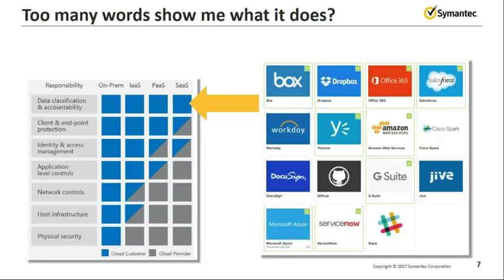So if you look at the old model of security responsibility, on the left there's the box with a grid, and this is actually another vendor's box. I would absolutely agree with this. I think they're absolutely right. I want to use this because this is kind of true. The blue on-prem means when you have an on-premise application, everything that you do around that security is your responsibility.